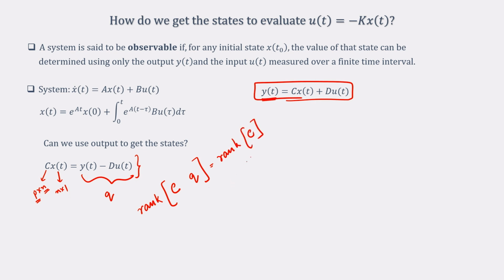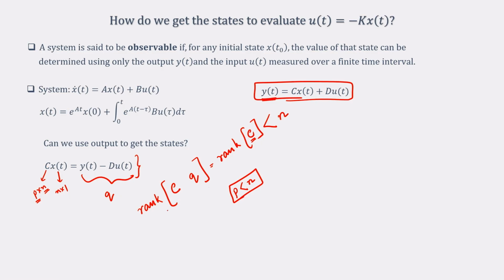Even if this is true, we know that the rank of this will be less than n, right, because C has p number of rows and p is less than n, and we know that the rank of C has to be less than or equal to p, and p is less than n.